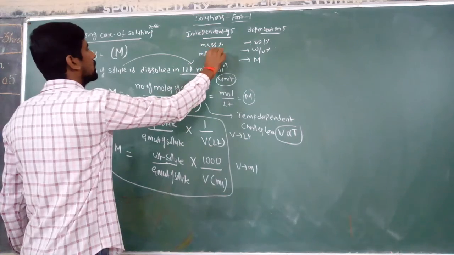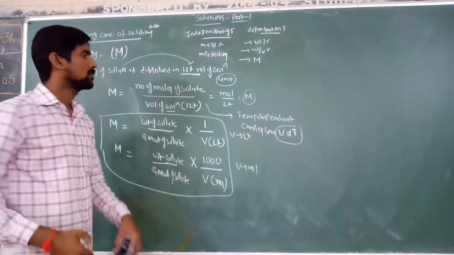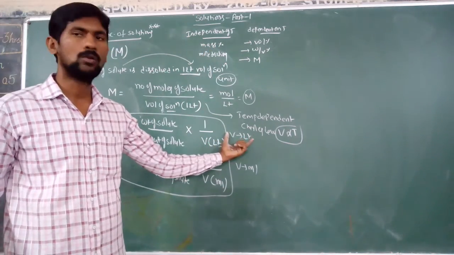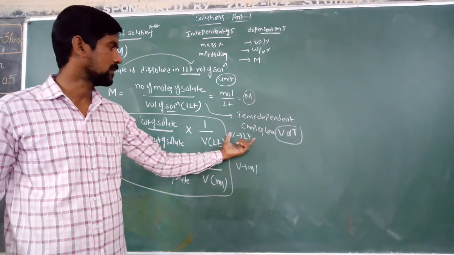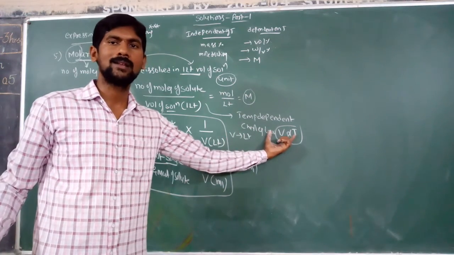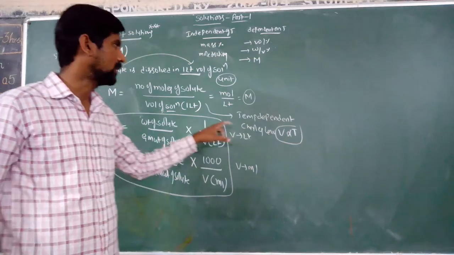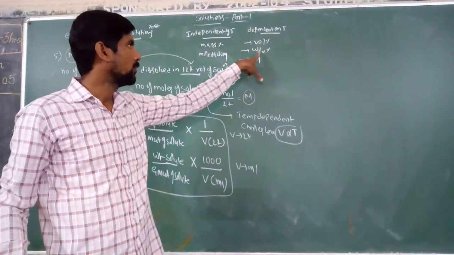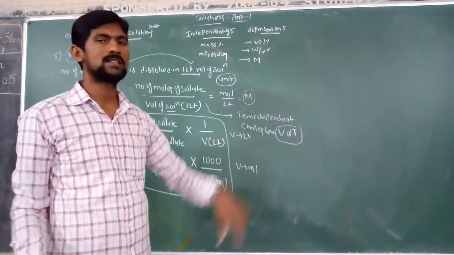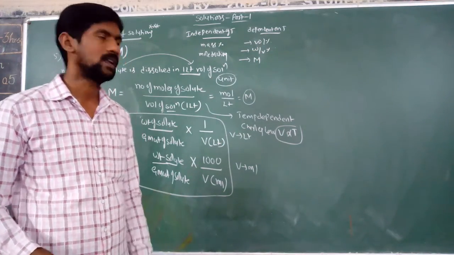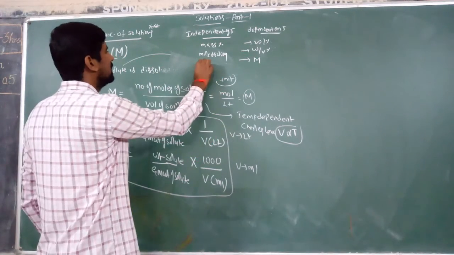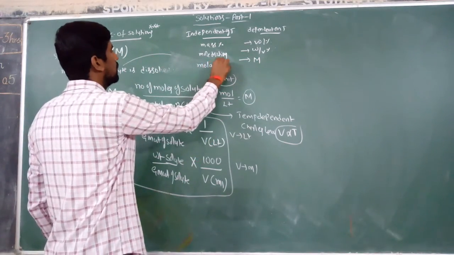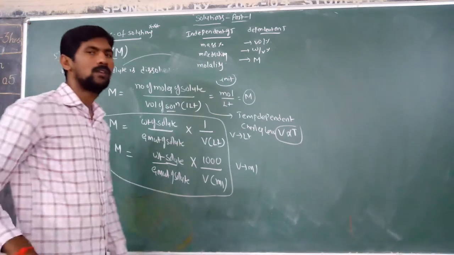If a volume term is there, those methods of expressing concentration depend on temperature, because according to Charles' law, volume is directly proportional to temperature. So molarity and weight by volume percentage are dependent on temperature. Mass percentage, mole fraction and molality are independent of temperature.